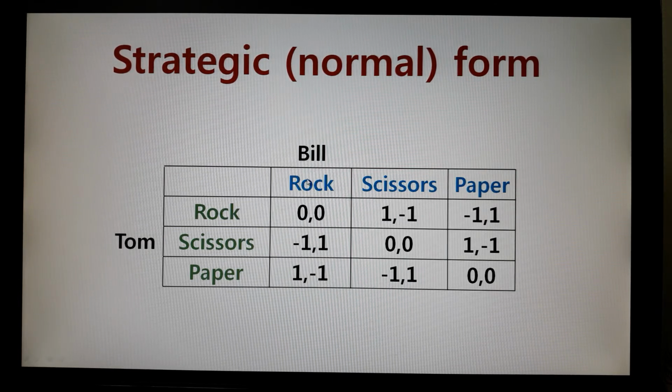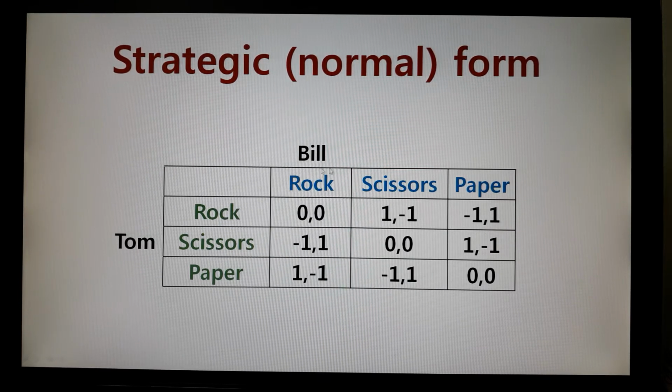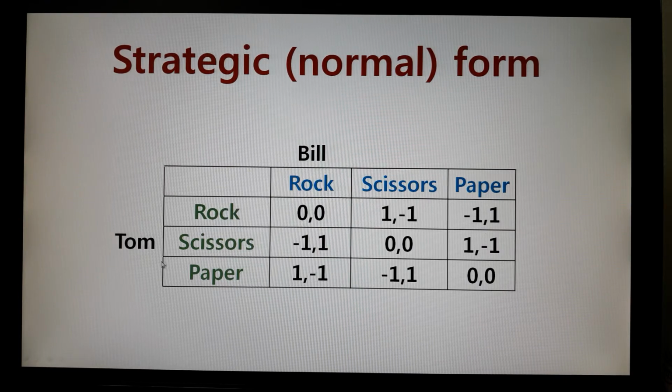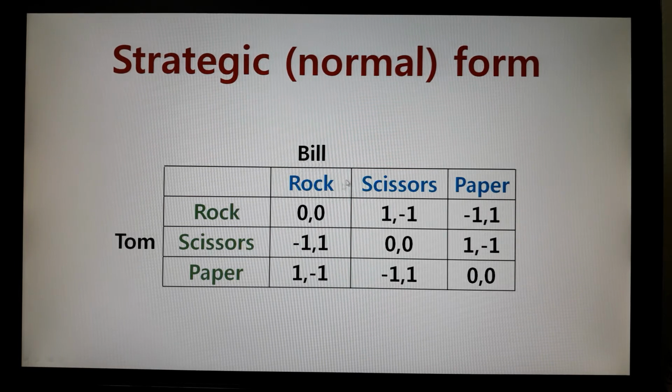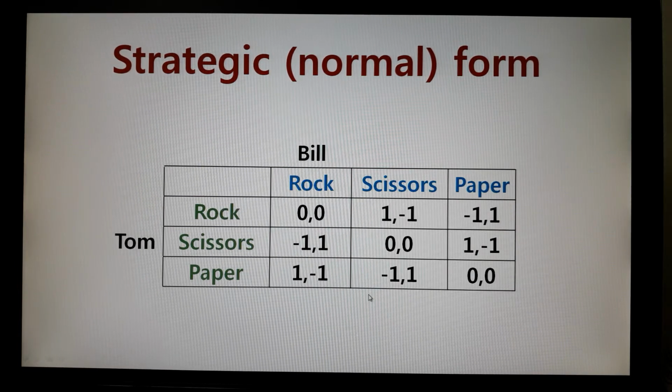If it's rock against rock, the first number always means the left-hand side person. We call Tom player 1 because he is on the left-hand side. This is just a promise. The left-hand side, Tom, is player 1, Bill is player 2. If it's like Jane and Elizabeth, Jane is player 1, Elizabeth is player 2.